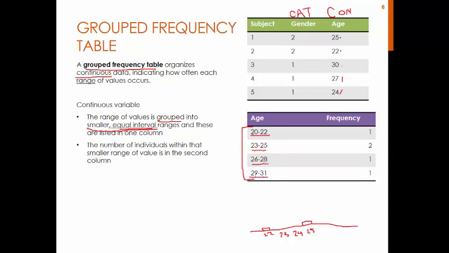Now our frequency is the number of observations within each of those ranges. So we have 25, 22, 30, 27, and 24. So the frequency within each of those is 1, 2, 1, and 1.